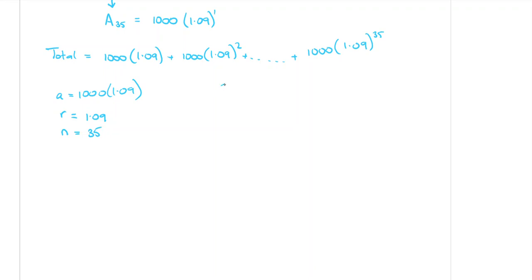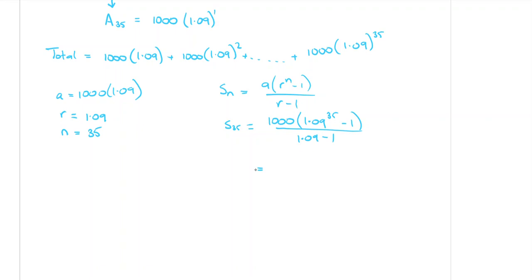My sum formula, if R is bigger than 1, is A(R to the N minus 1) over R minus 1. I am going to be summing 35 terms, so sum of 35. A is 1,000, R is 1.09 to the power of 35, minus 1, over 1.09 minus 1.